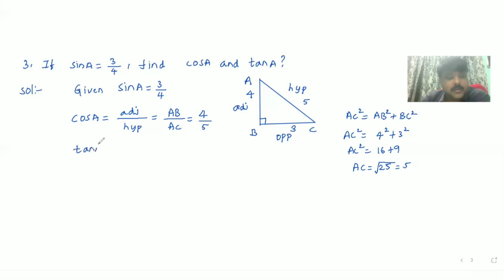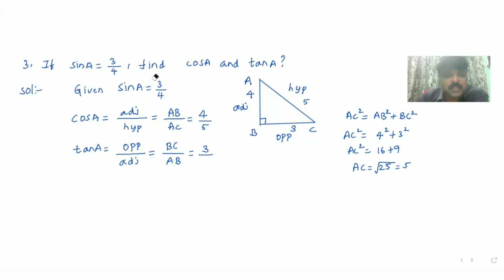Similarly, tan A, opposite side to theta by adjacent side to theta. What is the opposite side to A here? BC. Adjacent side to A, AB. That is 3 by... Oh, sorry, here we made a mistake.